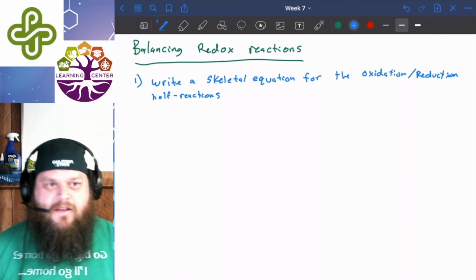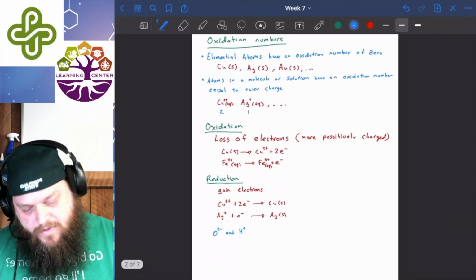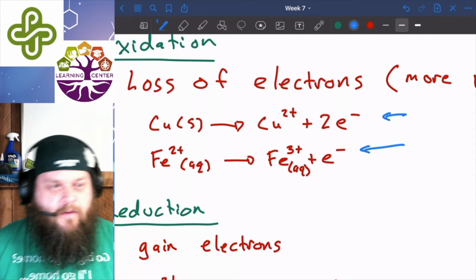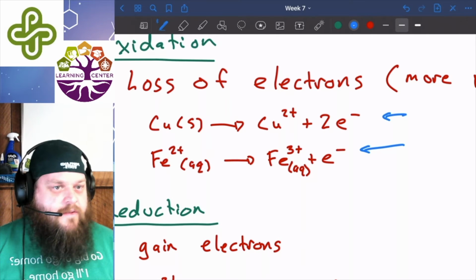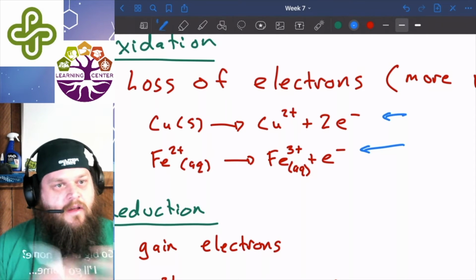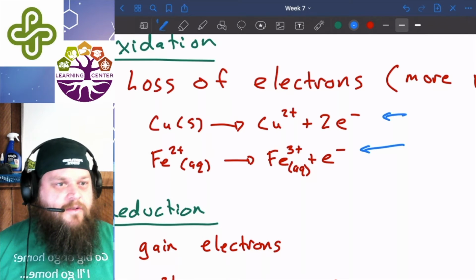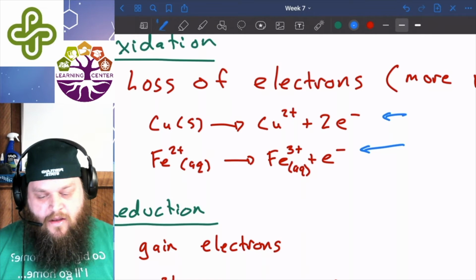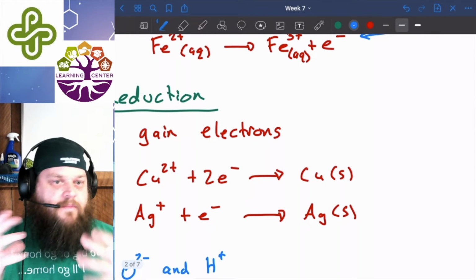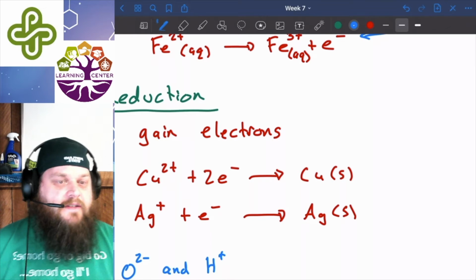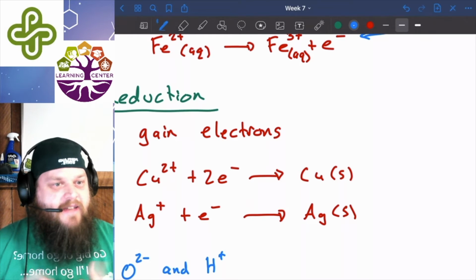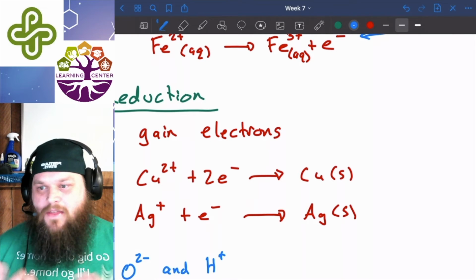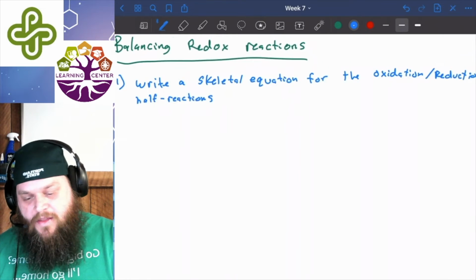This looks like what I did on the previous page. These are examples of those half reactions. We're not looking at the full reaction. We're just looking at how copper changes. It goes from a solid to a +2, and it produces 2 electrons. That's the half reaction of that oxidation. Similarly, when we add electrons to silver, it's getting those electrons. It's a reduction reaction. Those are the types of half reactions that we would add at that first stage of balancing.